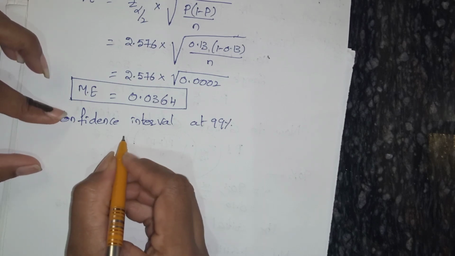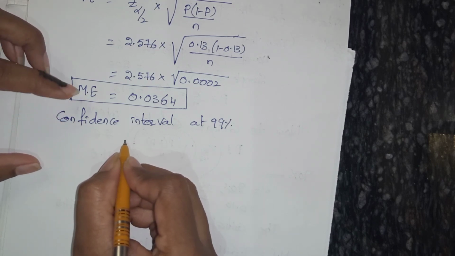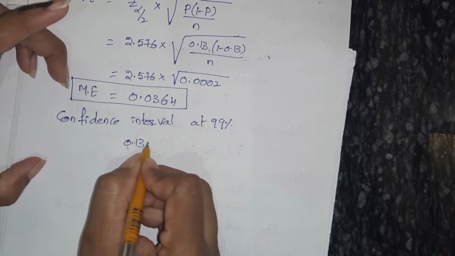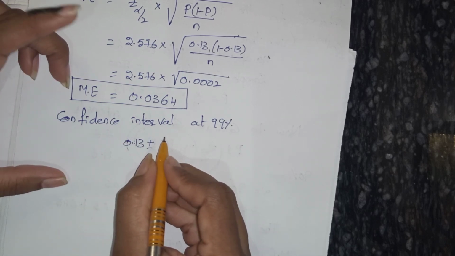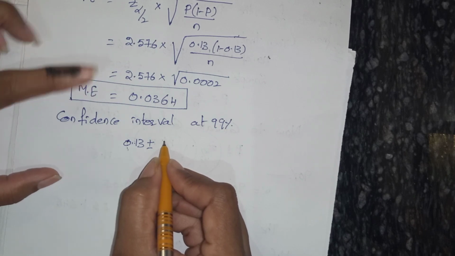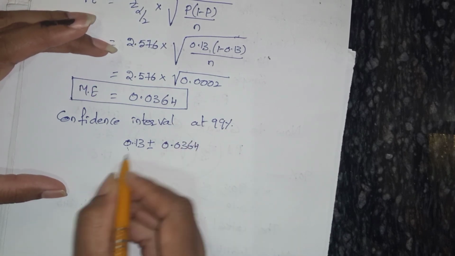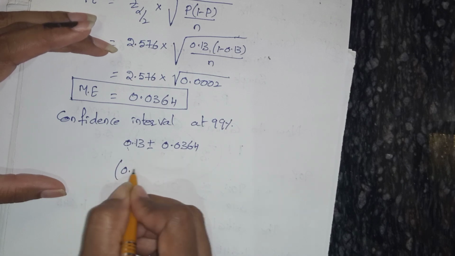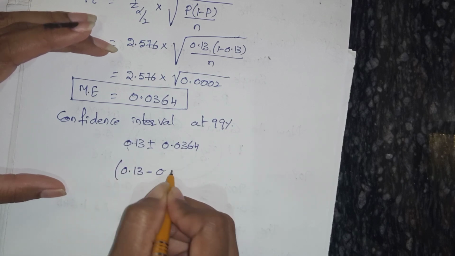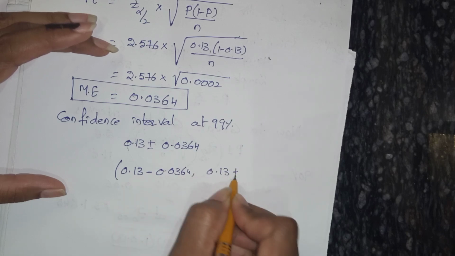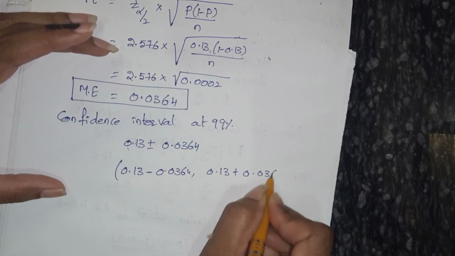That is P plus or minus the margin of error. The P value is 0.13 plus or minus 0.0364. So 0.13 minus 0.0364, comma, 0.13 plus 0.0364.